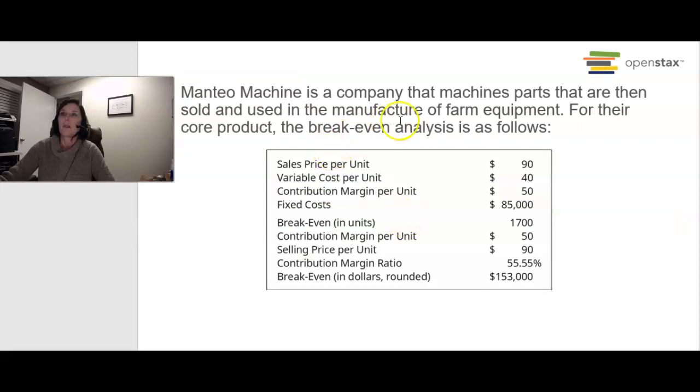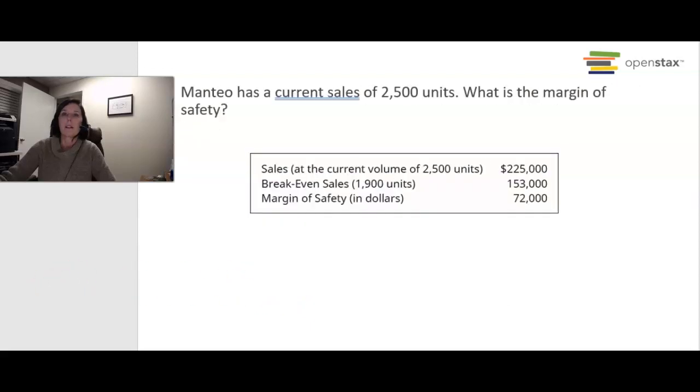And so here we're going to illustrate this. We've got the Manteo Machine Company. I'm not going to go through all of this, but it's safe to say that they've got a break-even here in dollars of $153,000, and this 1,900 units is what gets them to that.